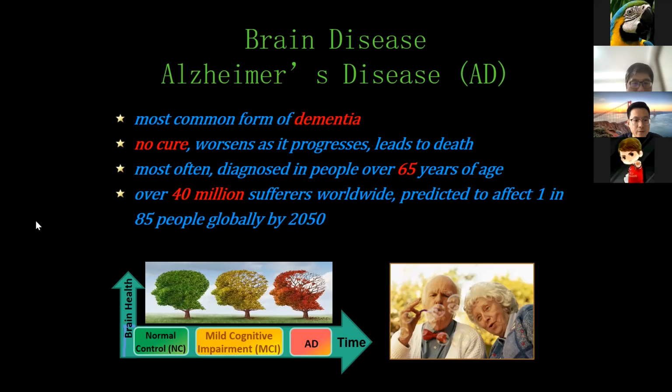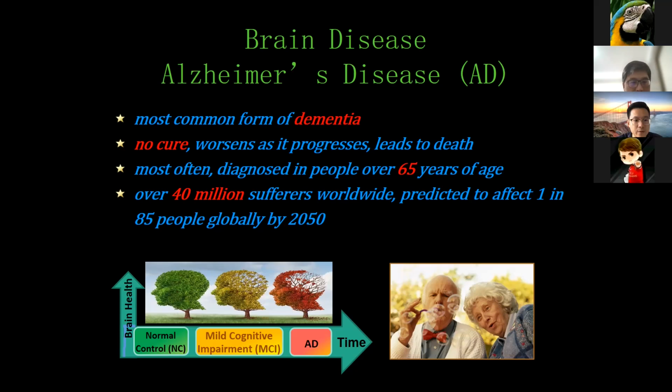In the figure at the left bottom, we can see for AD, there are 3 different stages. The left is the normal control. In this stage, the person is healthy, and then it goes to mild cognitive impairment, for short MCI.